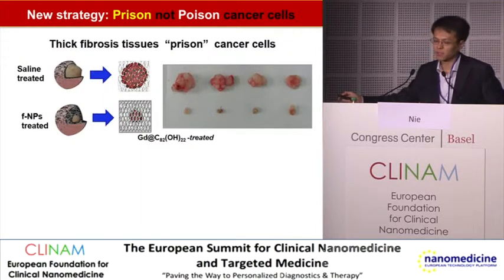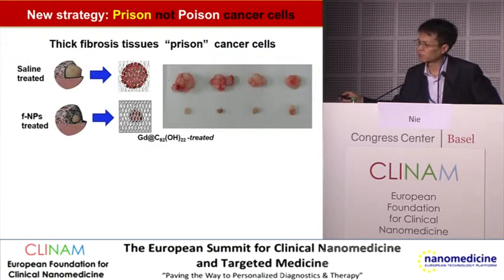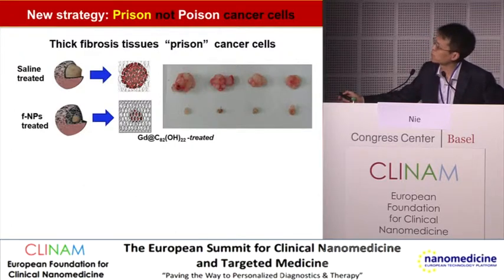So after we show you some of these interesting observations, we propose some new strategies. Traditionally, I think most strategies use a poison strategy to either kill the tumor cells or inhibit their proliferation. That's what most people try to do with tumors.